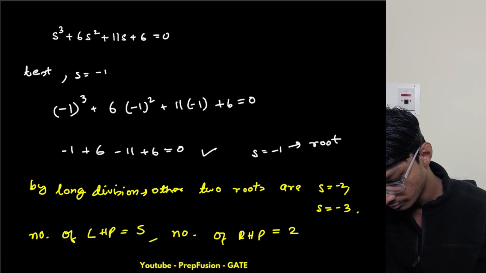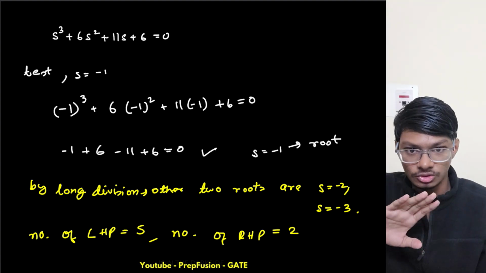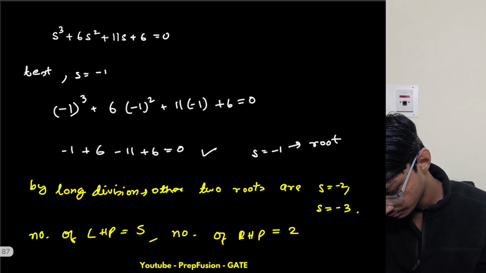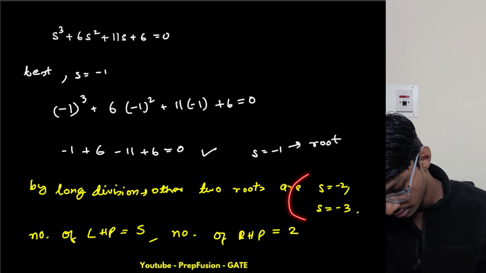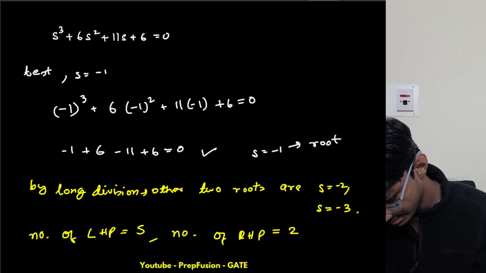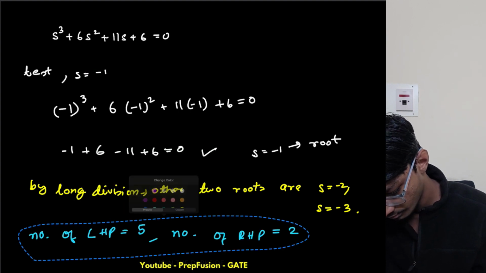Here five of them were on the left hand side only, none of them were on the geometric axis, because I had negative real roots here. Negative real roots, I have 5, so I should write this as 5. And two right hand poles, right? So this will be basically this one.